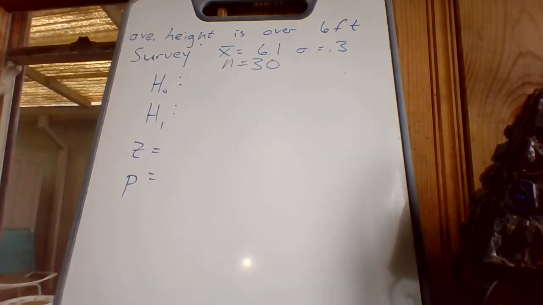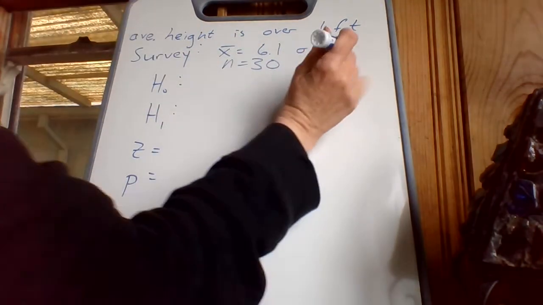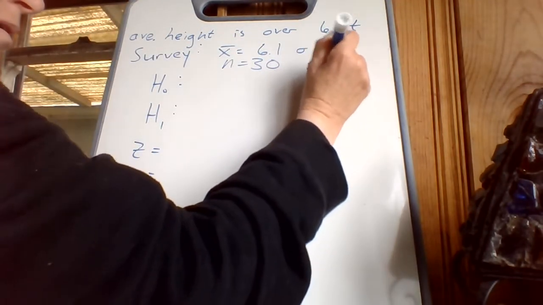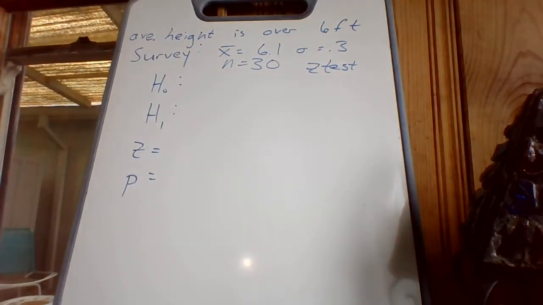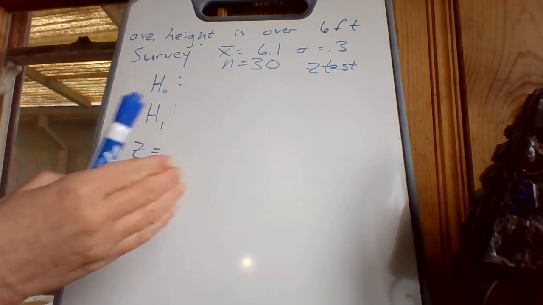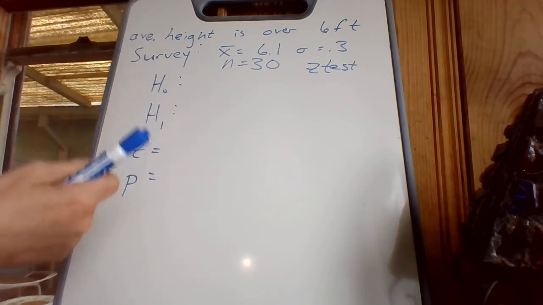Okay, but n is 30, n greater than or equal to 30. All right, that's a z test. Now, if I thought a couple of the people I talked to were a little shaky and not very reliable, maybe I would go ahead and call this a t-test, because t just gives you ever so slightly more wiggle room.